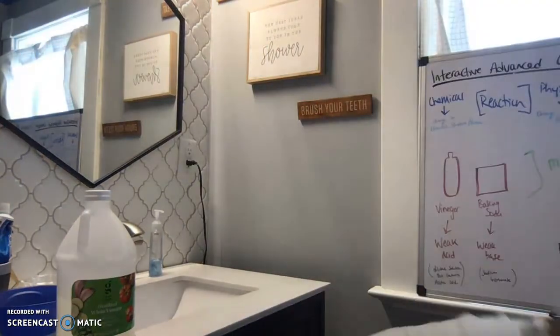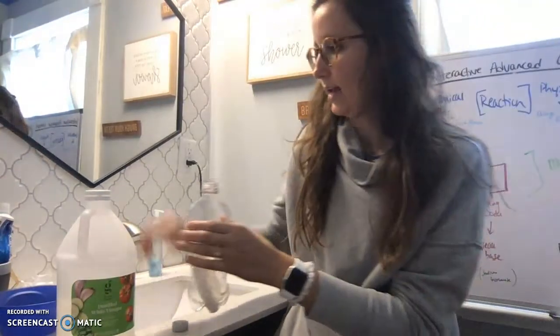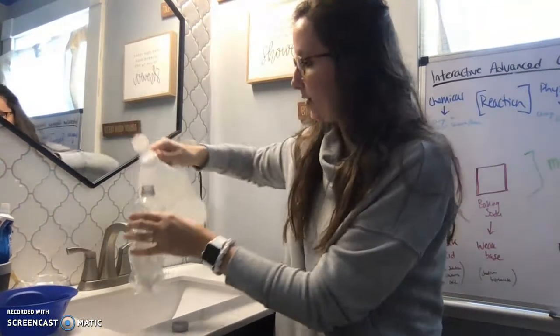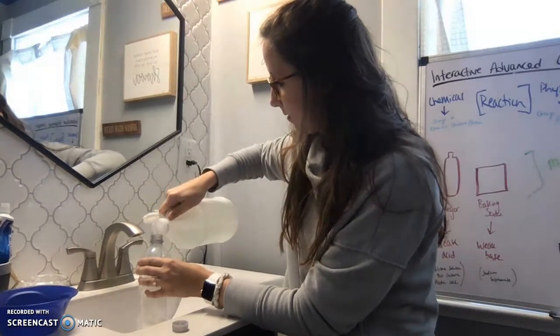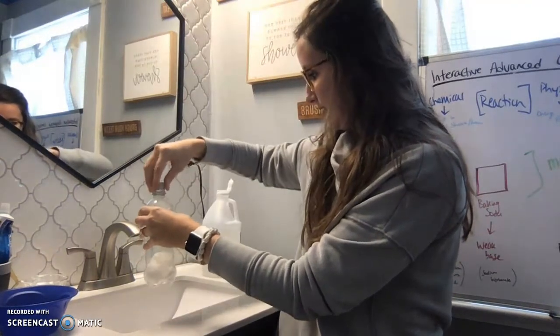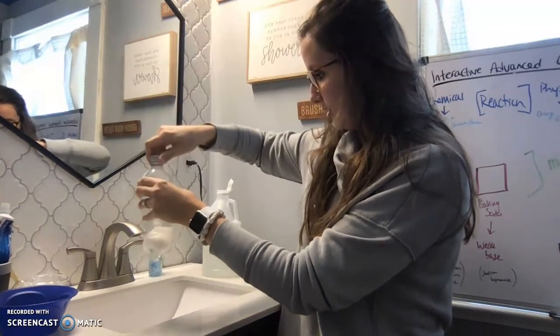Okay, I'm going to grab my cup. All right, and then we are going to take our vinegar, and over the sink, we're going to dump it in there. Then we're going to cover it, and we're going to watch what happens.